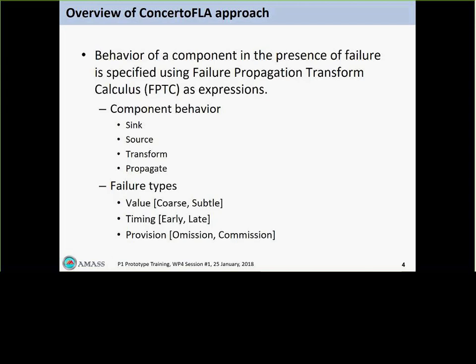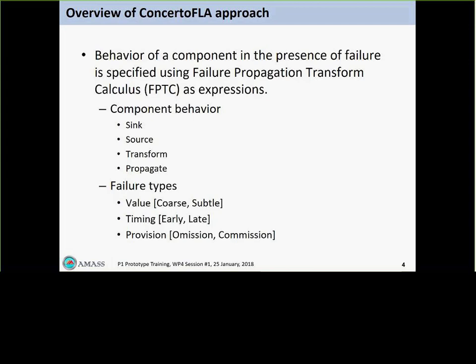The second behavior could be the source, where the component does not receive any failure on the input ports, but it still generates a failure on the output ports. That means the component itself is a source of failure. The component could transform a failure.